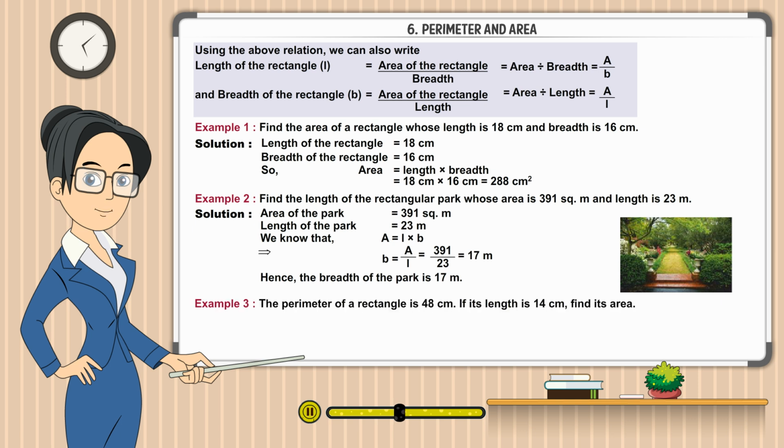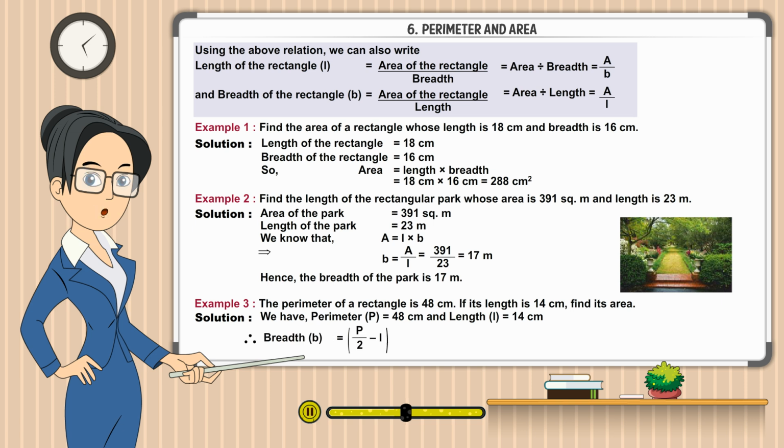Example 3. The perimeter of a rectangle is 48 centimeter. If its length is 14 centimeter, find its area. Solution. We have perimeter P is equal to 48 centimeter and length L is equal to 14 centimeter.